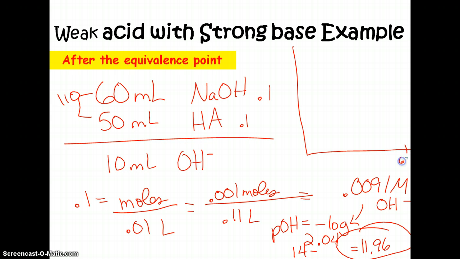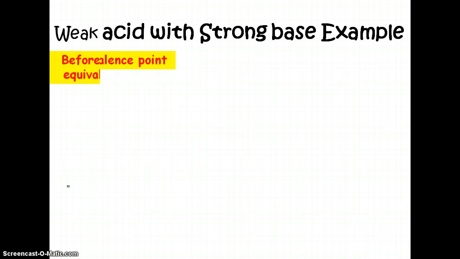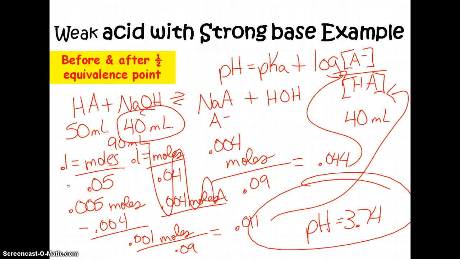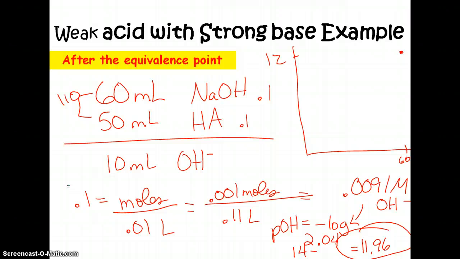So let's see, 60, and then we'll call this about 12. Okay, so we're here. And then the previous one was 3.14 at 25 mL, and 3.74 at 40 mL.